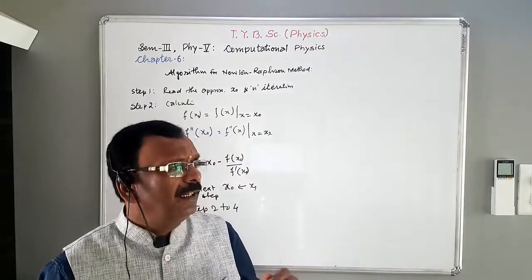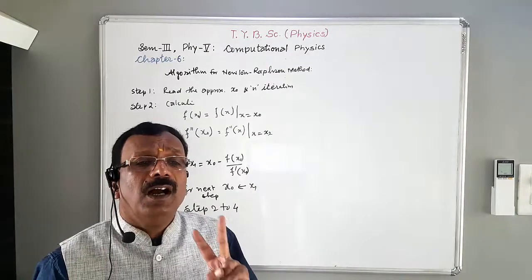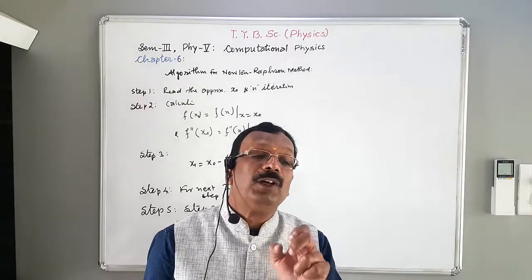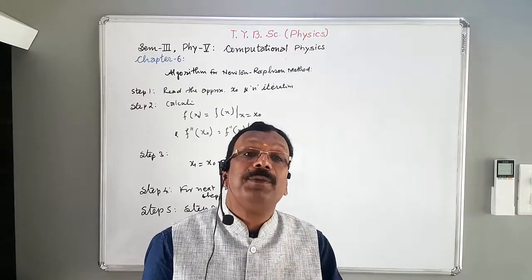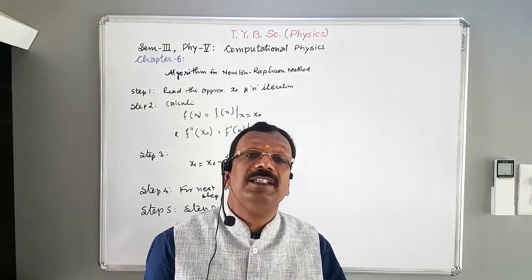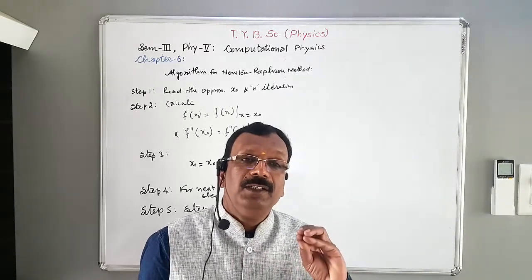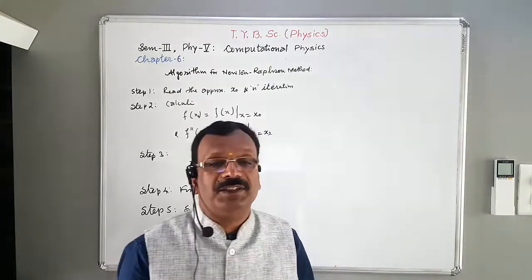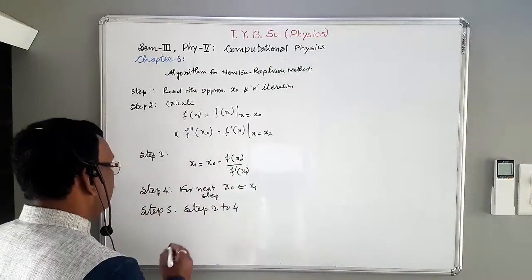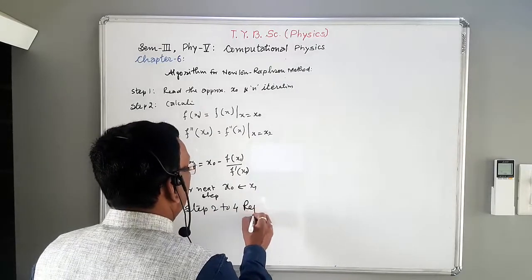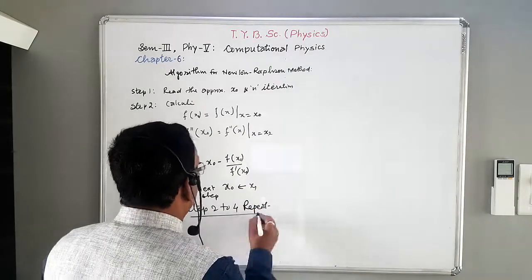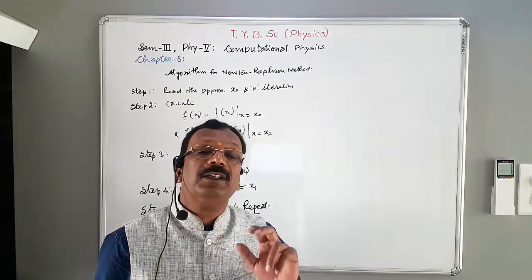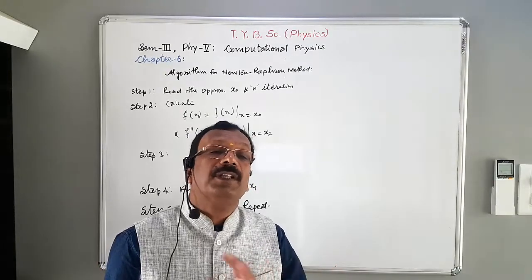Or we can say that we repeat steps 2 to 4 until the value of the root repeats up to the given number of significant digits after the decimal point, which we studied in the illustrative example before this.